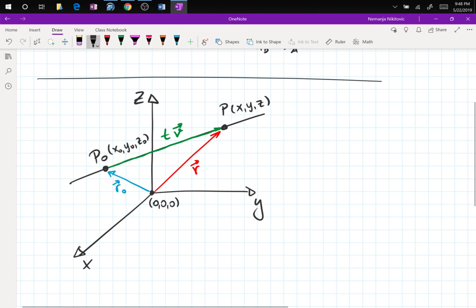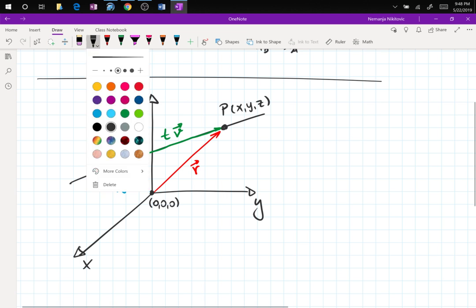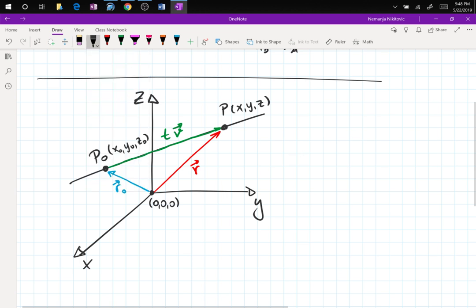So if you look at these 3 vectors, you see that vector r, if you just use the basic addition, is equal to the vector r0 plus the green vector tv.